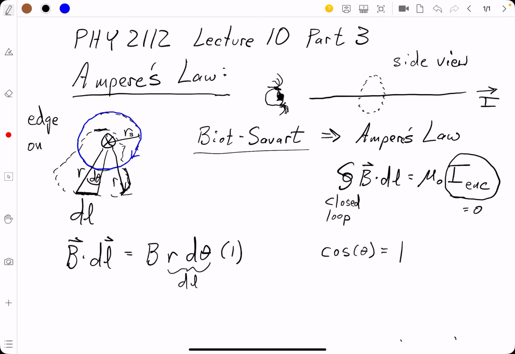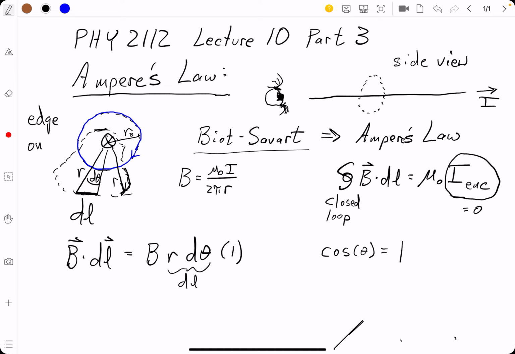Okay, so we've used Biot-Savart to get the fact that we know what B is at a certain radius. We've got that B is equal to mu naught I over 2 pi r.